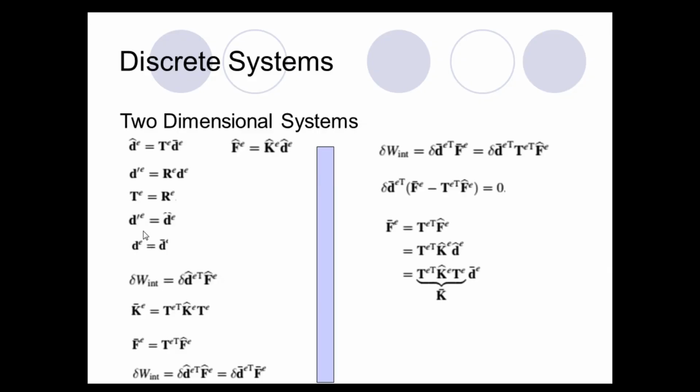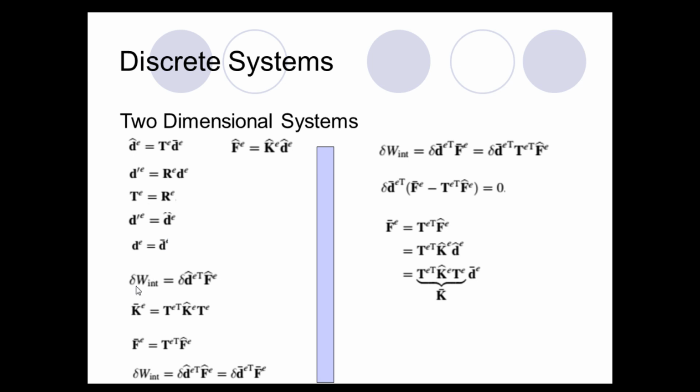Okay, let's continue again. D prime e is analogous to the d hat, displacements in the hatted coordinate system, and the displacements in the global coordinate system is analogous to the d bar e.